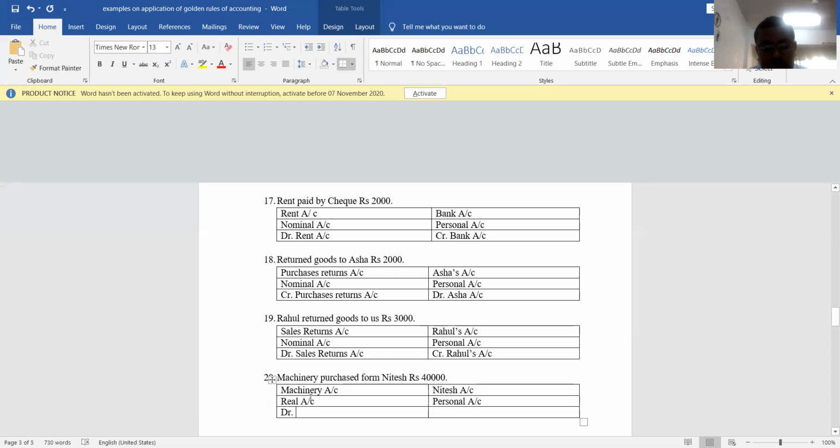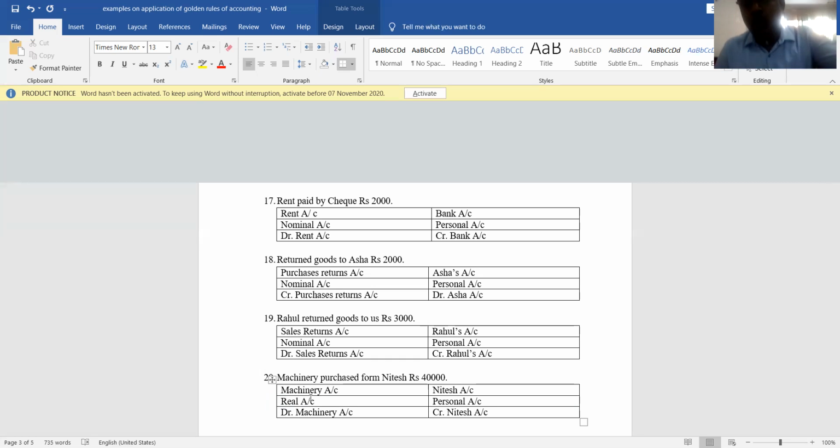Debit what comes in, credit what goes out. Machinery purchased from Nitesh means machinery is coming into the business. So machinery account should be debited. Nitesh account should be credited because Nitesh is a giver. Understood?